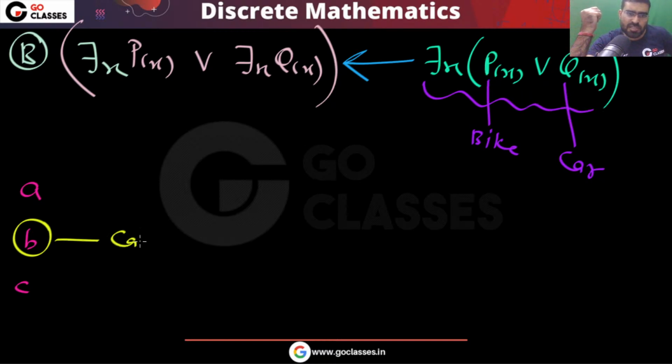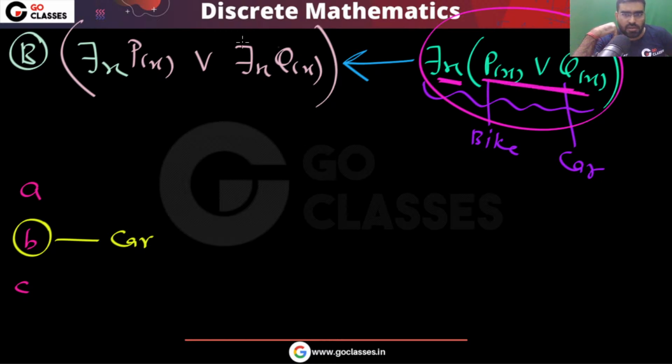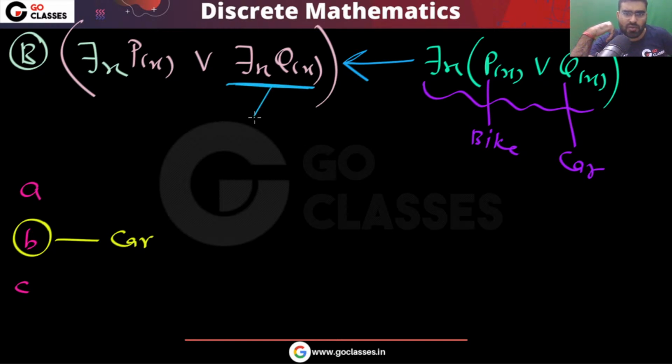Look at this statement: someone has a bike or car. Let's assume that someone is B. So this B has a bike or car. Let me assume this B has a car. Then automatically what will happen? Because this B has a car, automatically this will be true. And because there is an or here, this whole thing will be true.